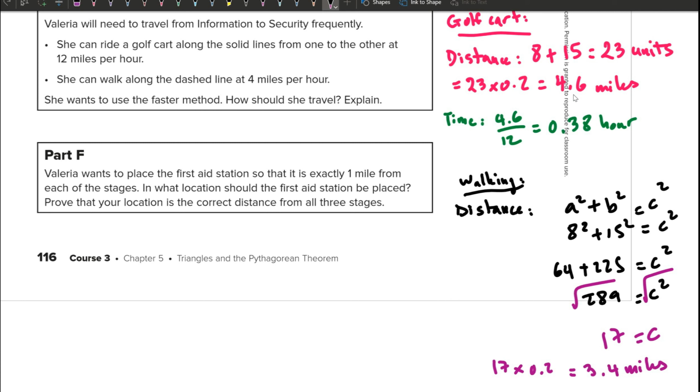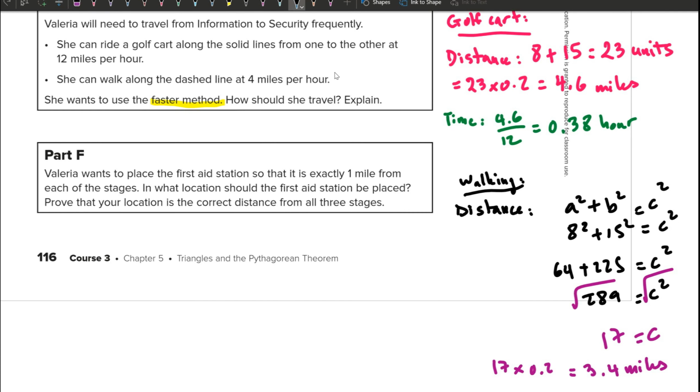Now, definitely this distance will be shorter than the distance when you drive your golf cart around the park. If you drive around the park, that would be 4.6 miles. If you go straight diagonally from one station to the other, it will be 3.4 miles. But what she wants is the faster method, not the shorter one.